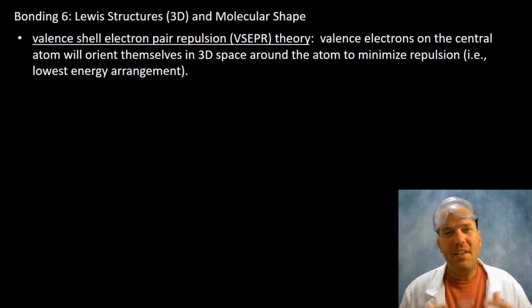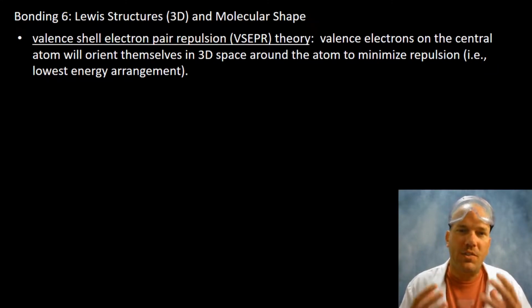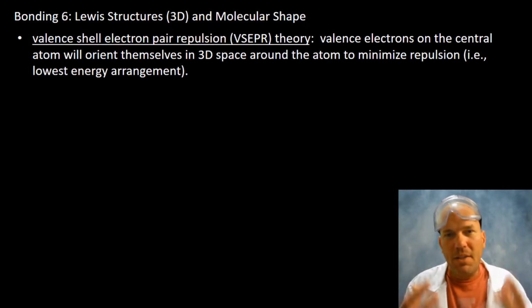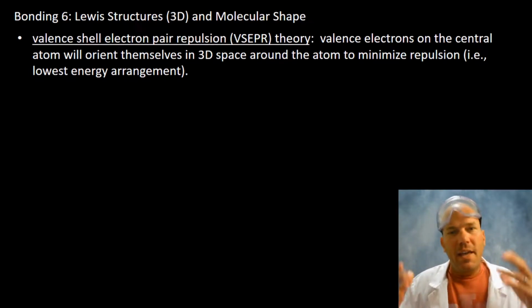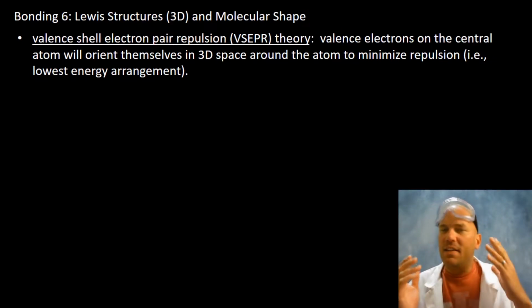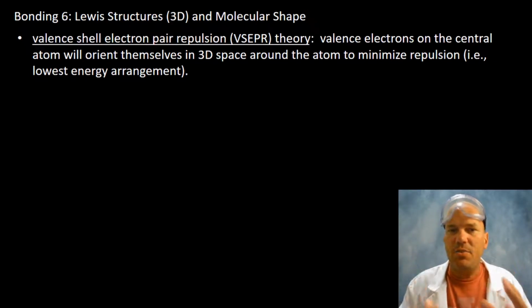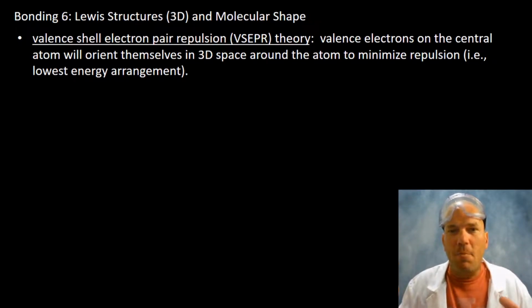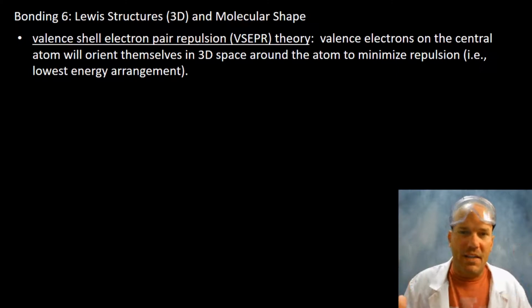Now that you've had so much practice creating two-dimensional Lewis structures, it's time to finally consider molecular shape and the overall three-dimensional structure. And this is all based on the valence shell electron pair repulsion theory, which sounds a lot more complicated than it really is.